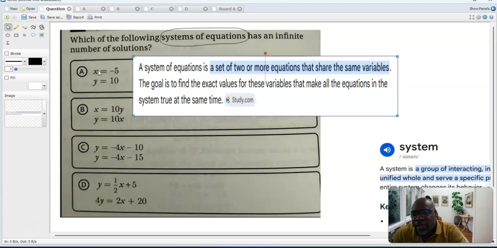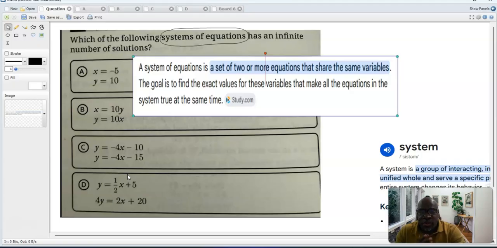So now we can see this has two equations. Option B has two equations. Option C has two equations. Option D has two equations.